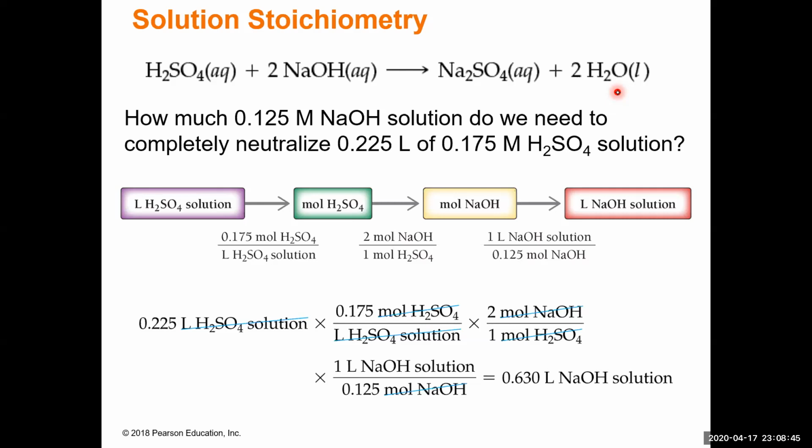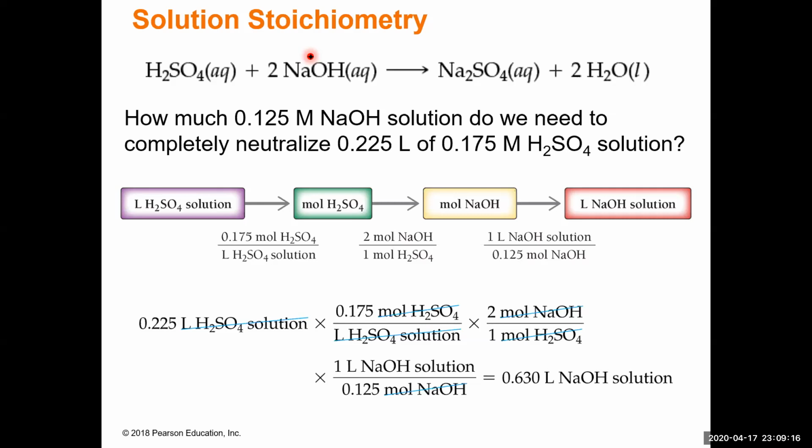All right, so we're given the volume and the molarity of H2SO4, which is one of our reactants. We're also given the concentration, molarity, of the other reactant, sodium hydroxide, but we do not know how much volume we need. So we're trying to solve for the volume of sodium hydroxide solution.